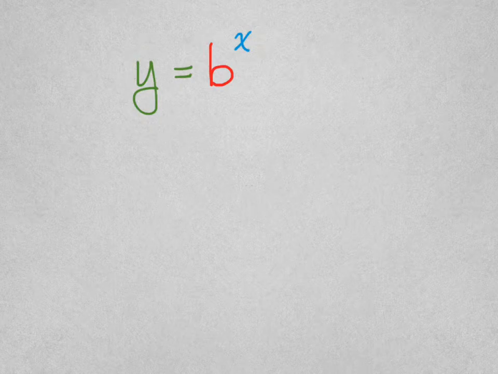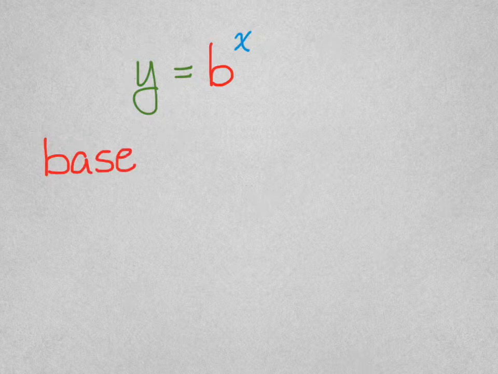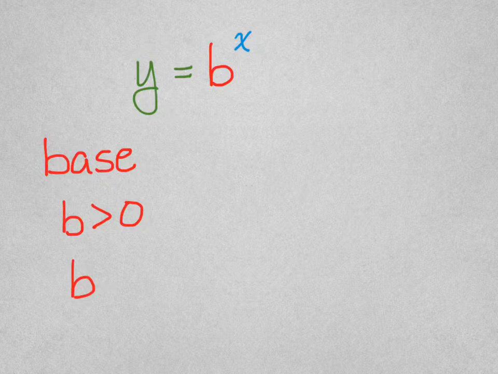An exponential is in the form y equals b to the x, where b is the base. The base must be a value that is greater than 0, but cannot equal 1. So it's going to be a positive value greater than 0, and it cannot equal 1.